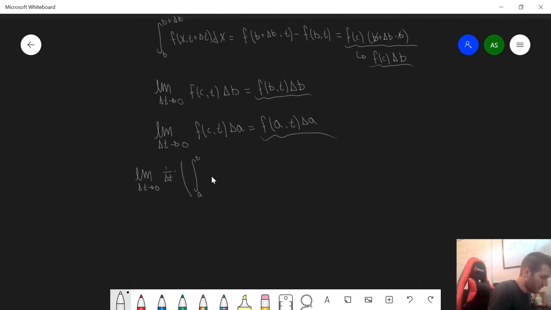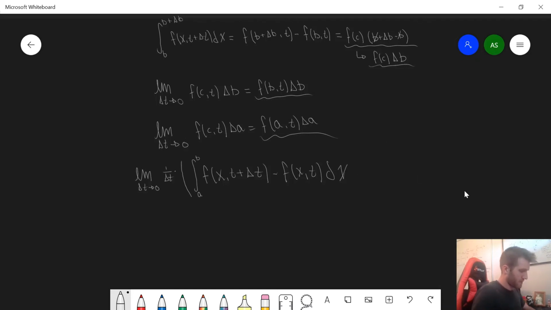So we can have our function of x, t plus delta t minus our function evaluated at x, comma t, and that is with respect to x.